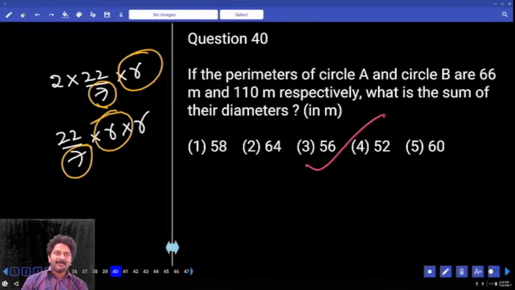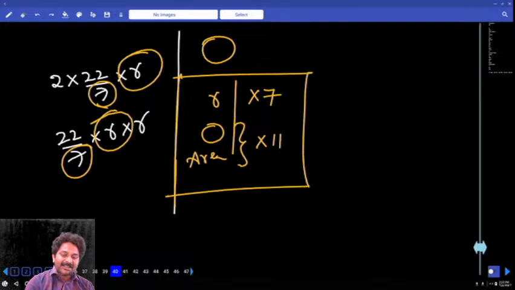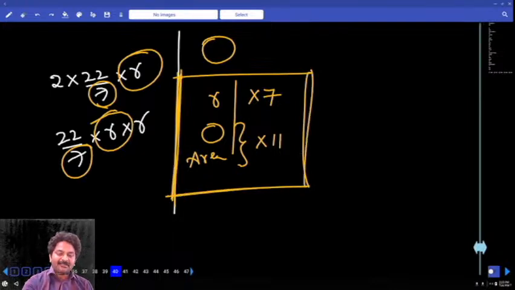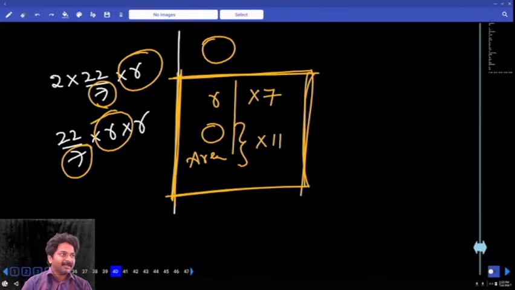There is only one. We are done with the answer. We are not taking the data also. So if you can remember this theory, for circle, radius must be always a 7 multiple, so diameter also a 7 multiple. Perimeter or area should be a multiple of 11.